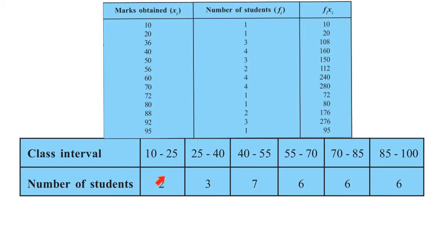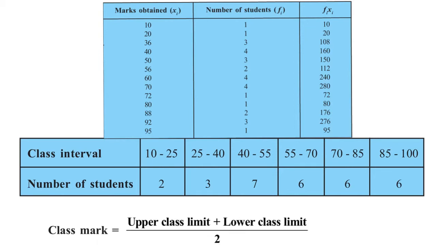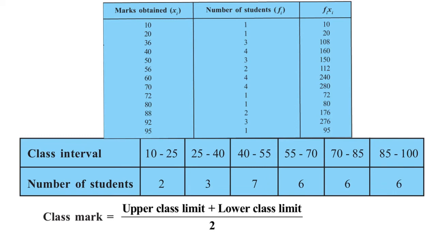Recall that we find the midpoint of a class, or class mark, by finding the average of its upper and lower limits. So how will you find the class mark? We will find the upper class limit plus the lower class limit divided by 2. For example, let's take this class interval.